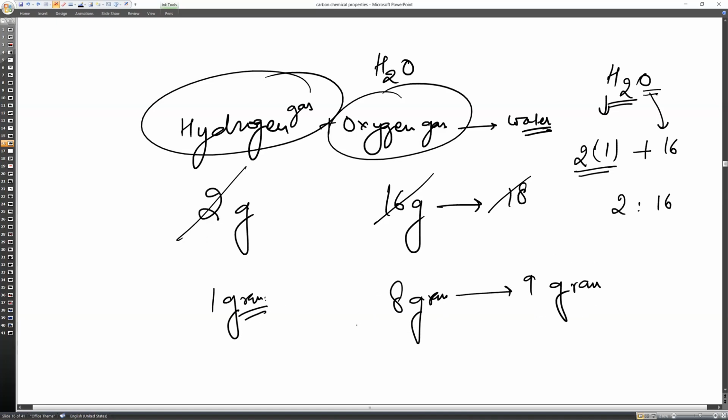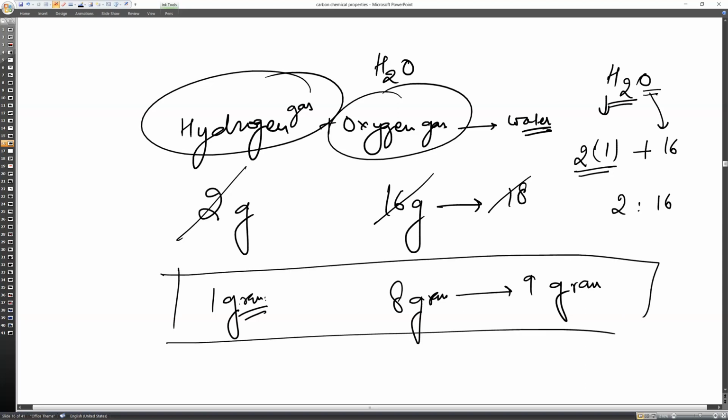So this is the simplest case. Now what does the law of definite proportions say? It says that this is the fixed ratio of combining hydrogen and oxygen to form water. If we have 2 grams of hydrogen, it will require 16 grams of oxygen and then 18 grams of water will be formed.